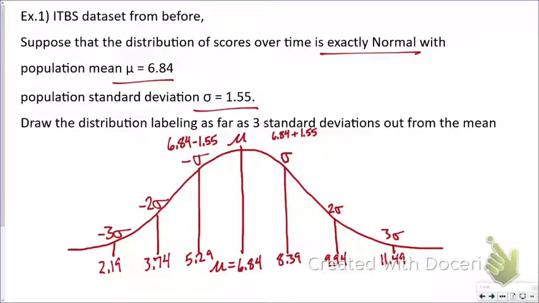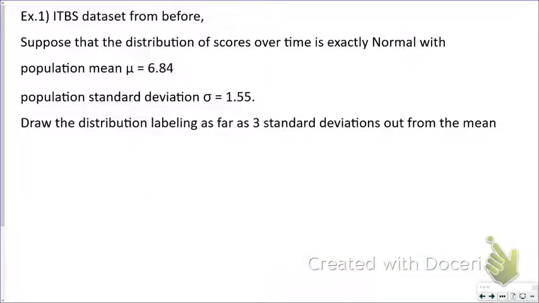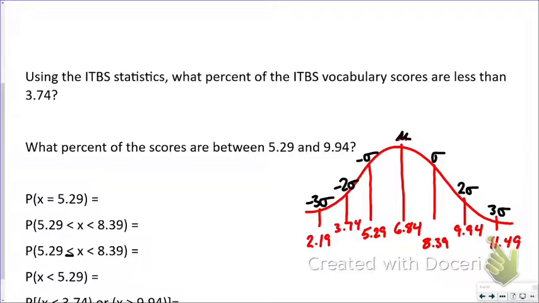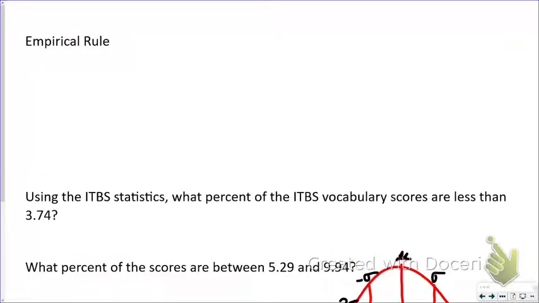So one thing we can do is we can convert all those test scores to z-scores. So here's our curve that we just made. And in a minute, we're going to apply this thing called the empirical rule to that data.